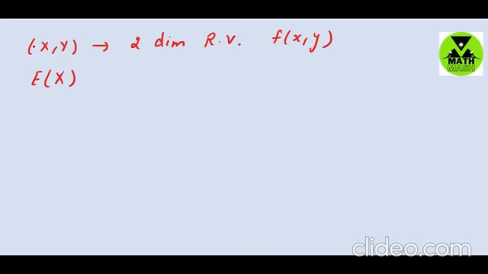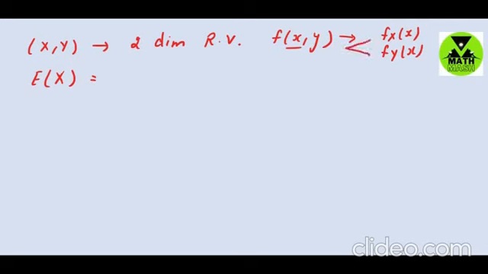Since the joint distribution function is given to us, marginal densities are not given to us. So from this joint distribution, we can easily compute the marginal densities. This we have already discussed in this video, how to compute the marginal densities with the help of this joint density.